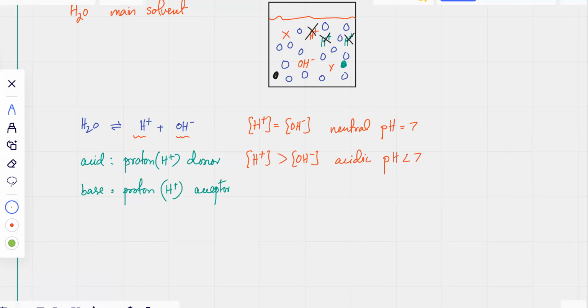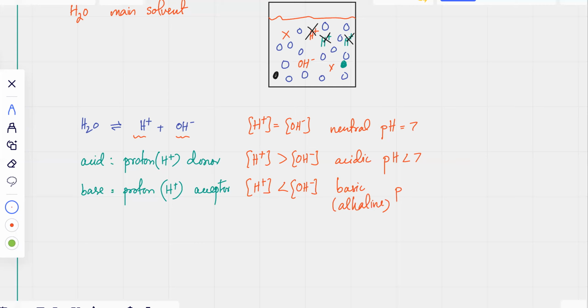The quantity of H+ would decrease because that is what the base does: it absorbs or removes or gains H+ ions. So the quantity of H+ would decrease and the quantity of OH- ions would increase. That's called a basic or an alkaline solution.